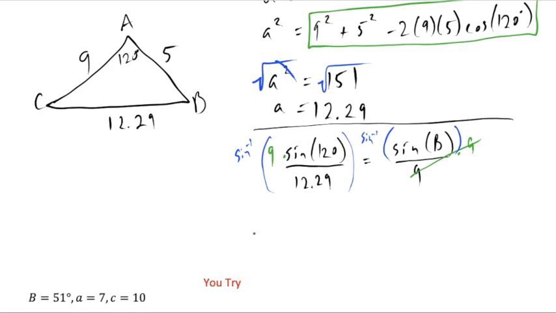So the inverse sine of 9 times the sine of 120 divided by 12.29, close the parentheses, and I get out the angle for B is 39.36 degrees.